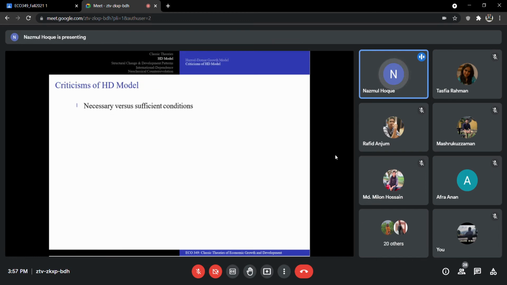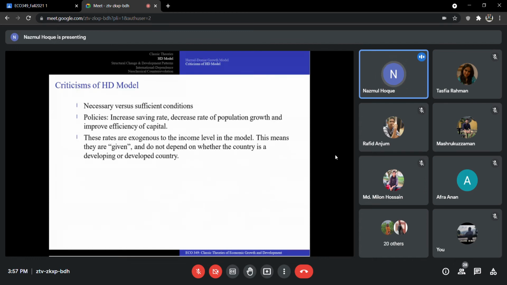Now, one of the main criticisms of this Harrod-Domar growth model is that higher savings leading to higher investment is a necessary condition, but it's not sufficient.